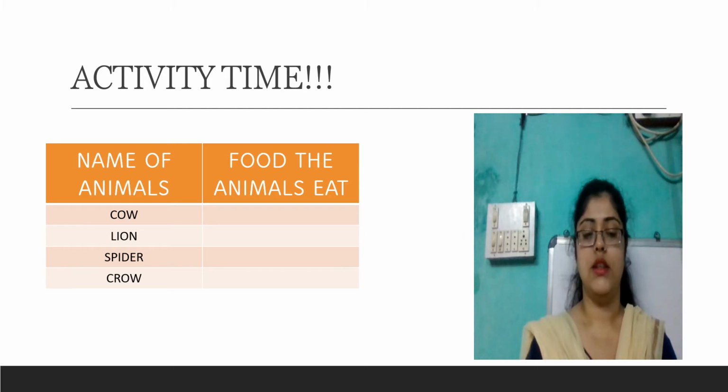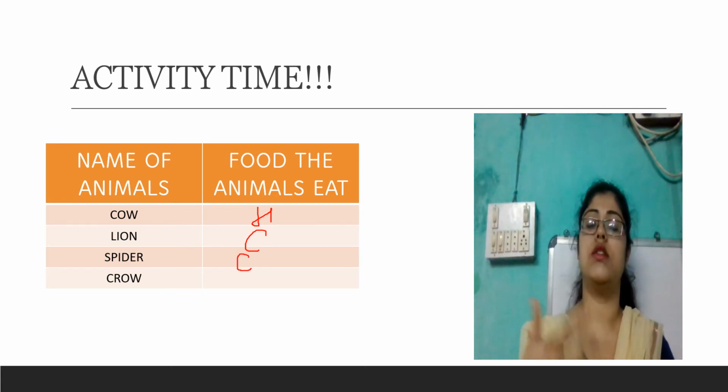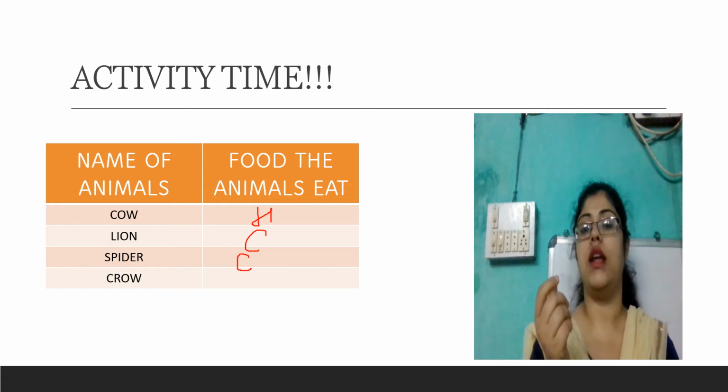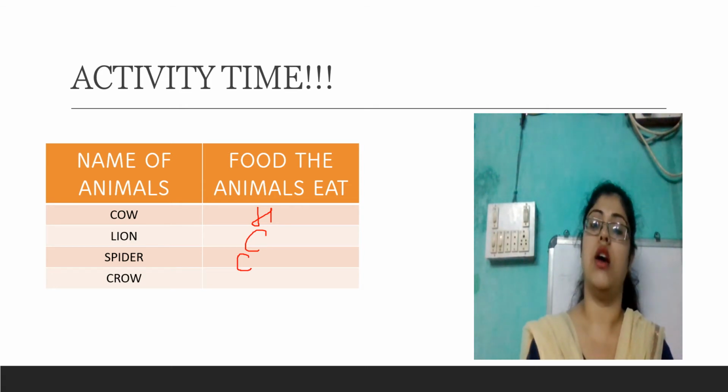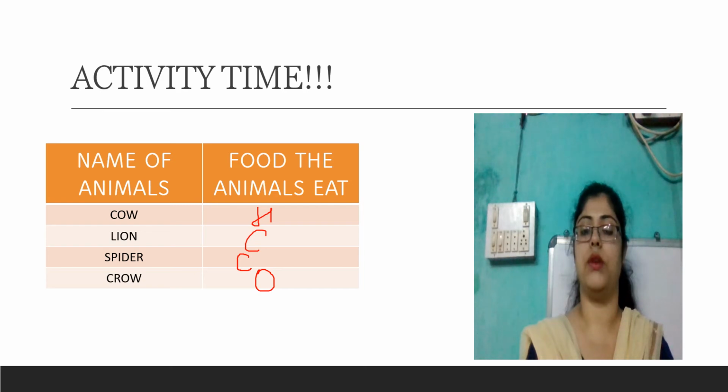Very good class, it belongs to the herbivores. Lion, carnivore. Spider, carnivore, because it always feeds on small animals, for example flies or butterflies. So they fall under the carnivores, and meanwhile the crow falls under the omnivores.